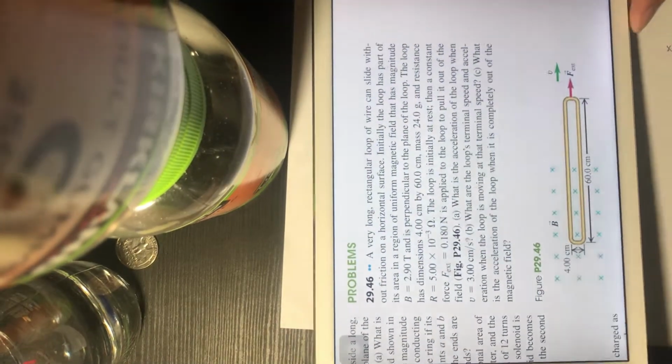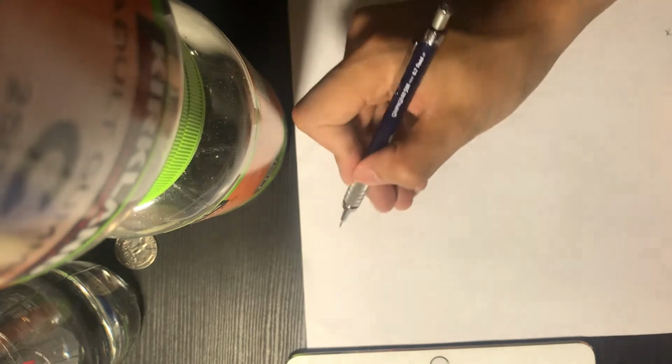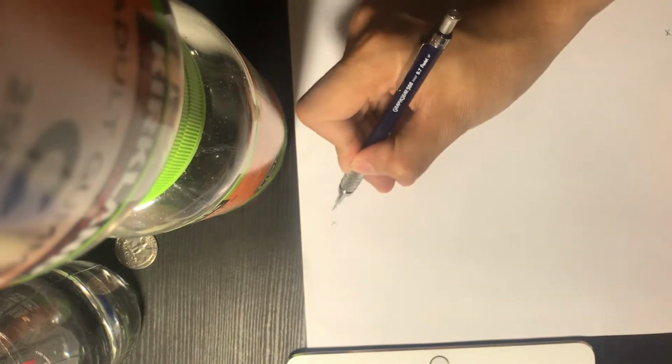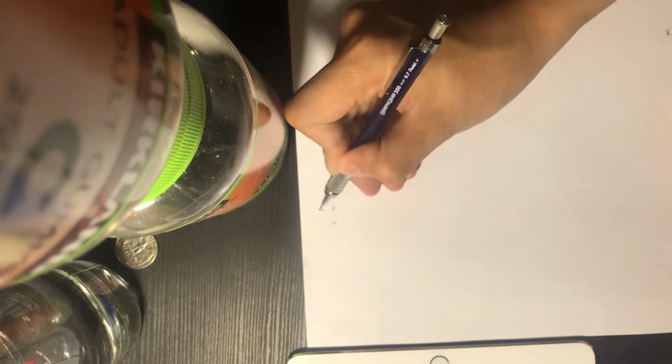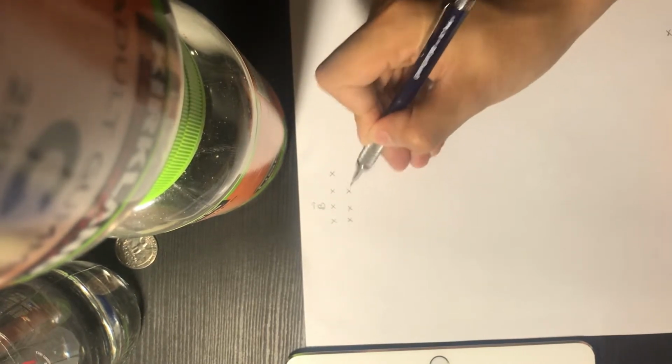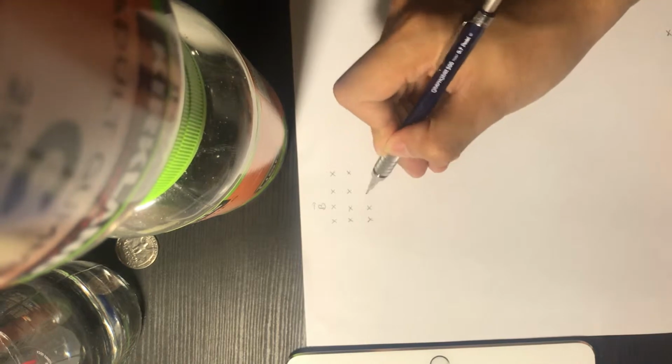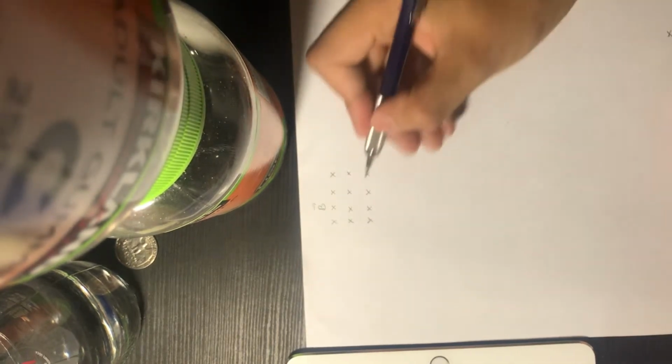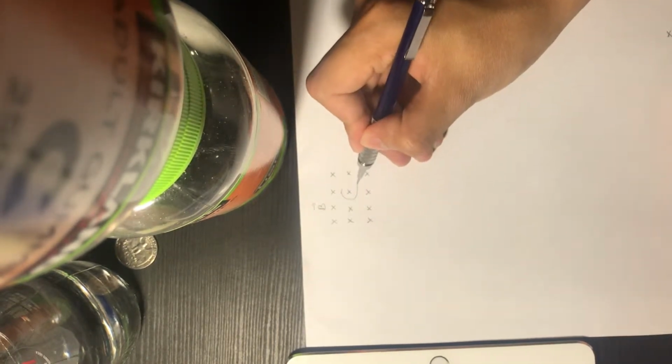Okay, so let me redraw the situation, the graph, to help you visualize it more easily. So we have a magnetic field B in this small area and a rectangular loop.